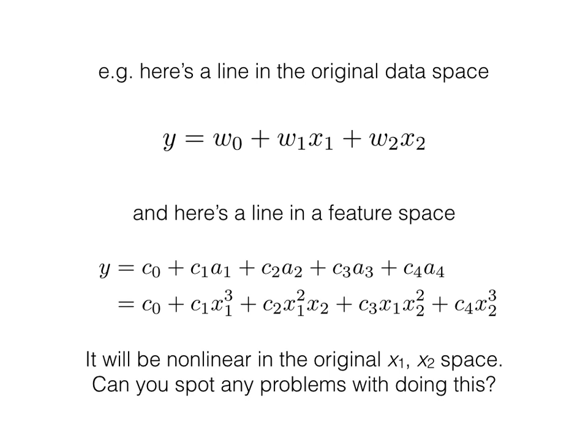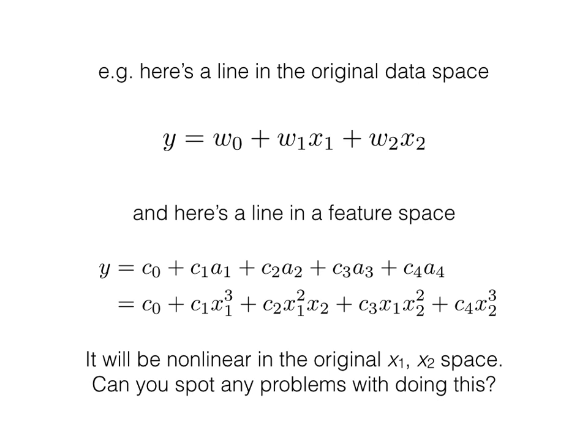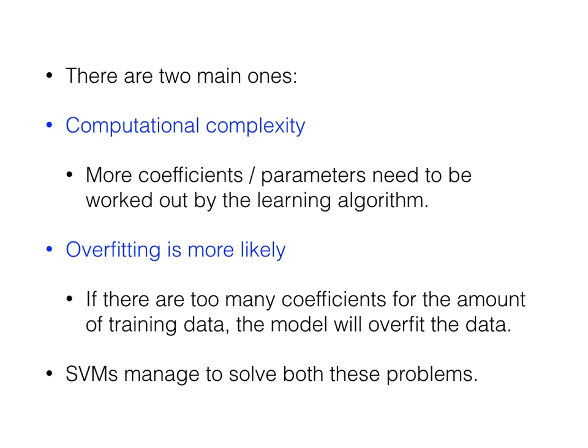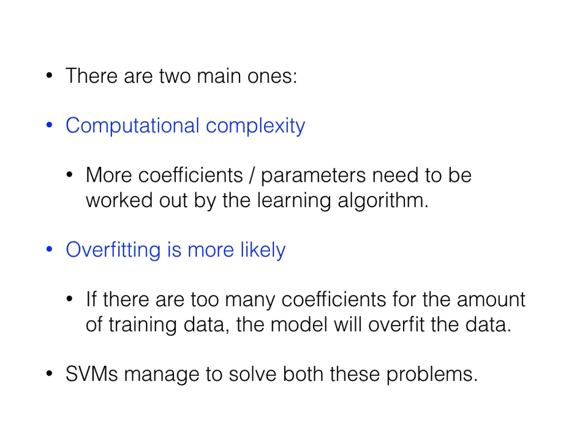So there are two problems that you could think about if you do this kind of mapping. The first is computational complexity. You can see that we've gone from 3 coefficients or parameters in the data space, W0, W1, W2, to 5 coefficients in the feature space.